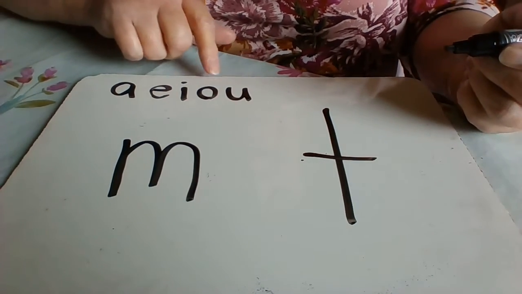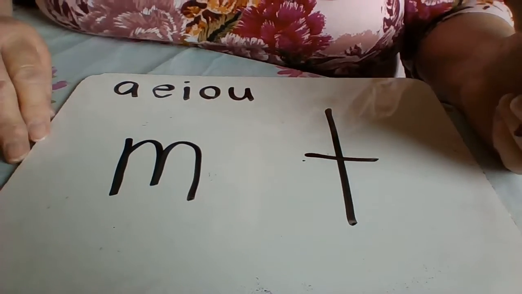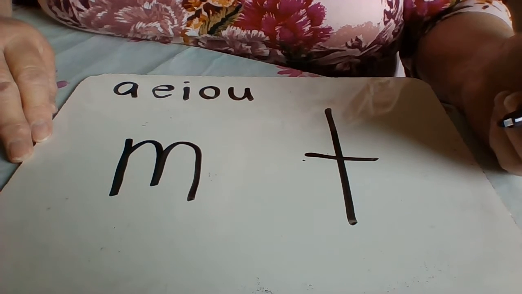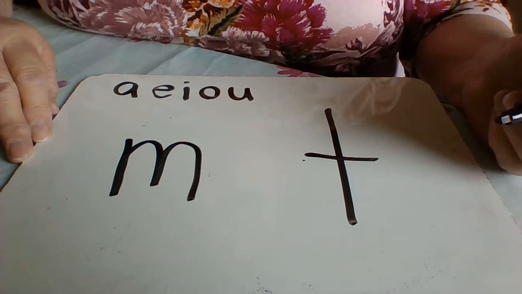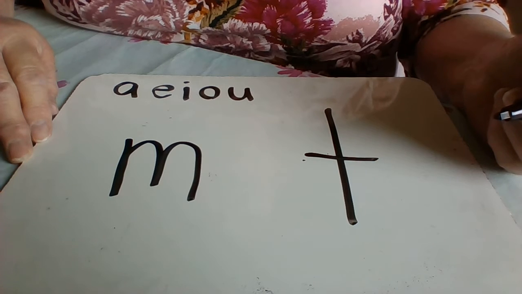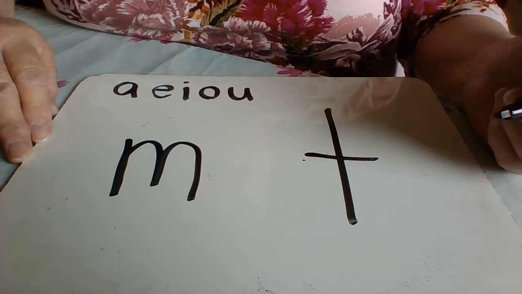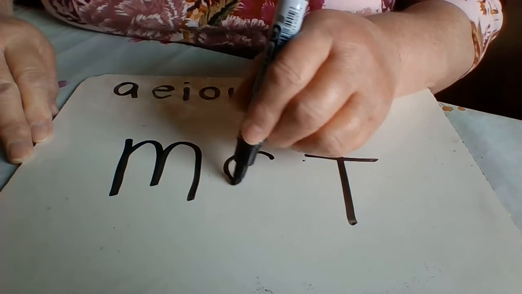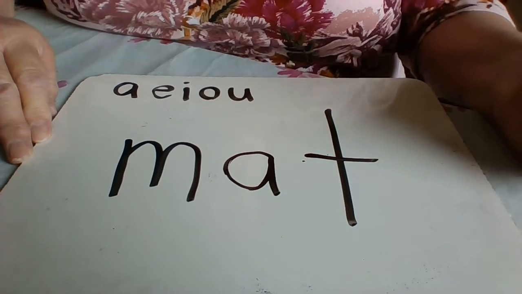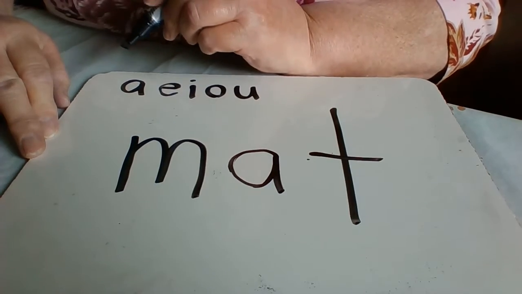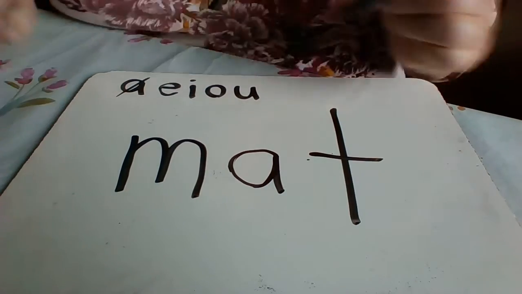A, E, I, O, and U. They are vowels. If I want this word to say mat, which vowel do I need to put in there to make it say mat? If you said the A, you are right. The A makes it say mat. Cross it off.